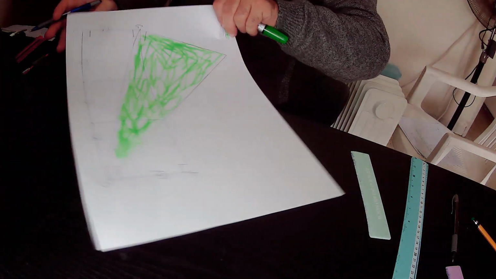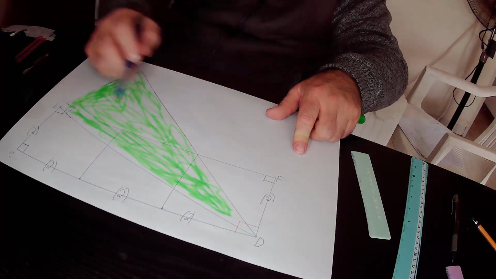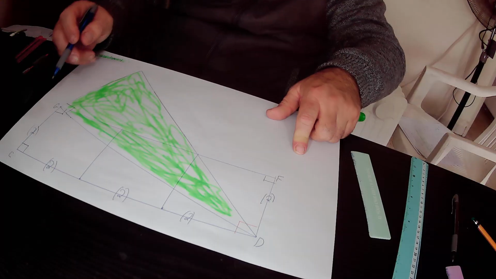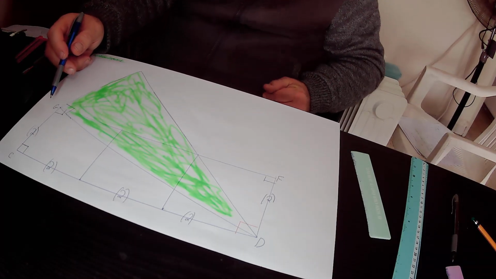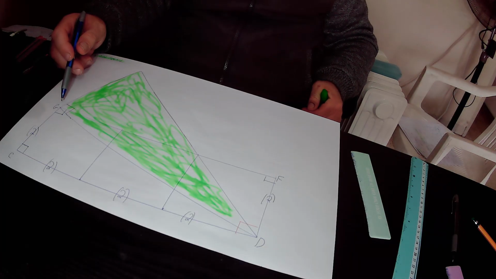So in this big quadrilateral GFDC we have 1, 2, 3, 4 right angles, and according to rule 5, any quadrilateral that has 4 right angles must be a rectangle, if not a square.